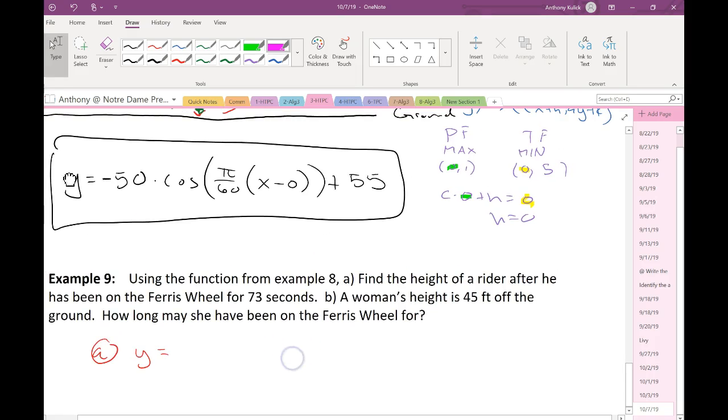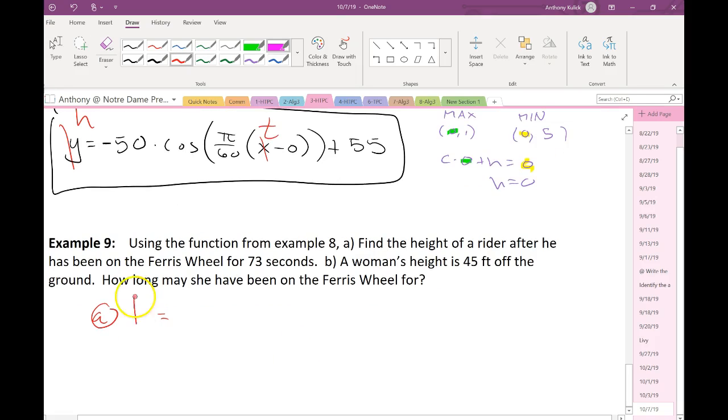Really, we probably should have called this h for height and t for time. Let's do that from here on out just to make it a little bit more obvious exactly what we're doing here.